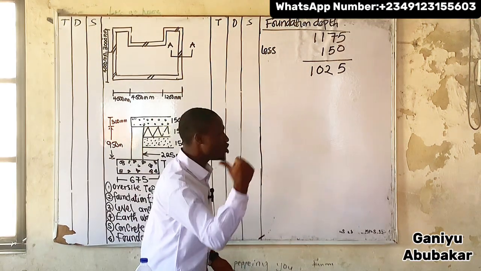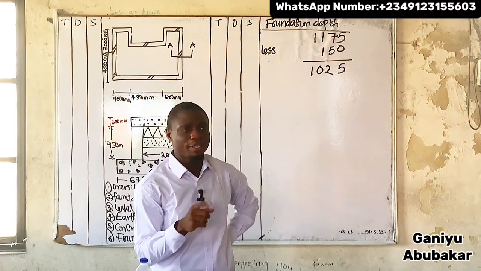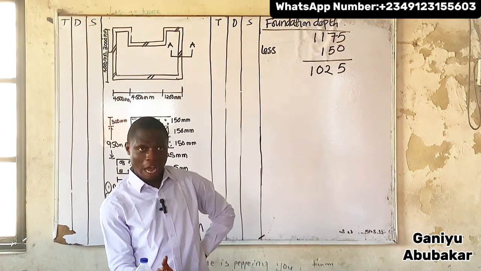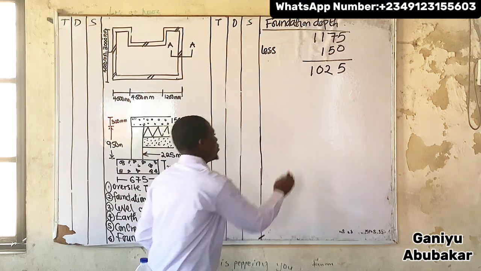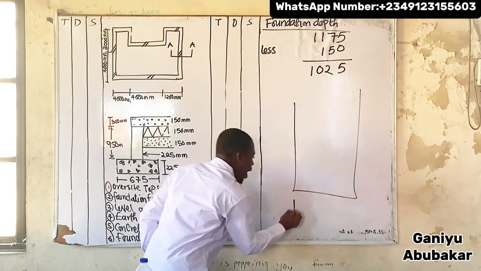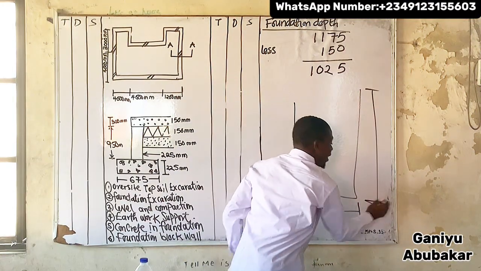Now let me check. If I say foundation depth, that depth has a base. Normally something with depth also has a thickness and height.